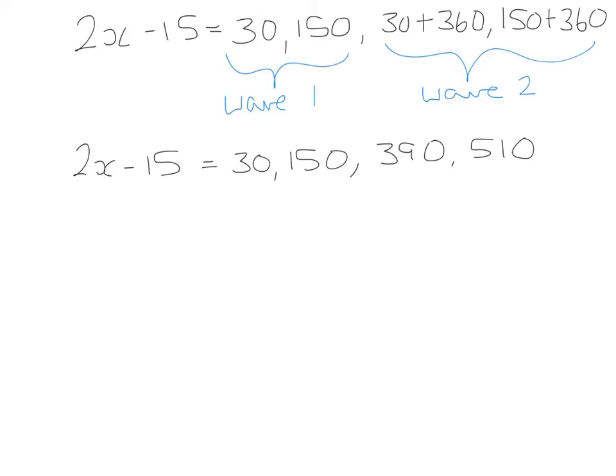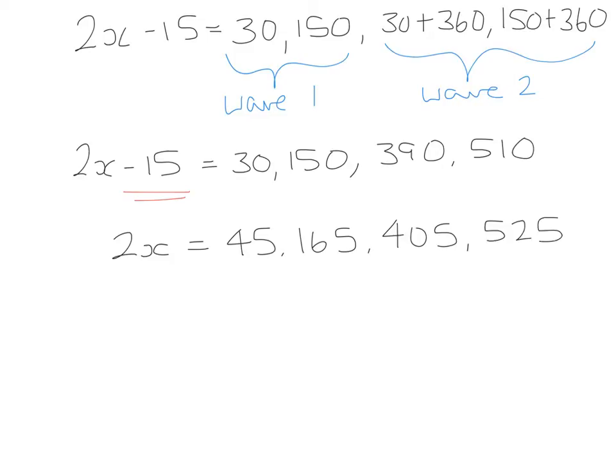Now we have our 4 solutions, which represent our two waves, but we still have 2x minus 15 on the left hand side. So we need to do some transposition. The first thing we'll do is resolve the minus 15 part, so we're going to add 15 to the right hand side. That becomes 2x equal to 45, 165, 405 and 525.